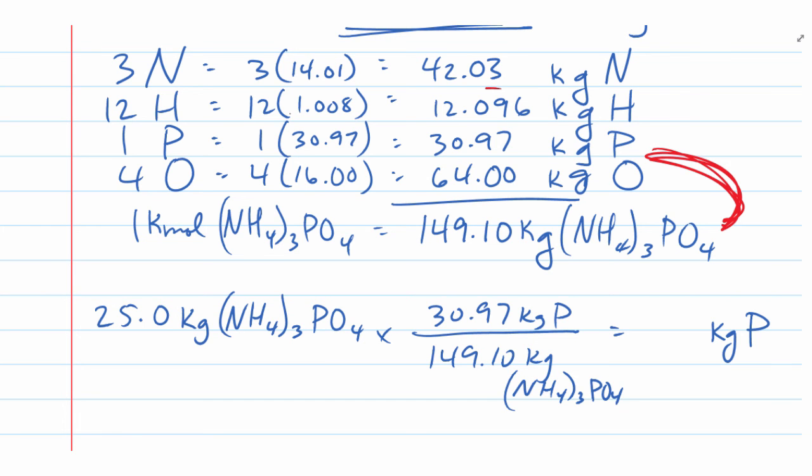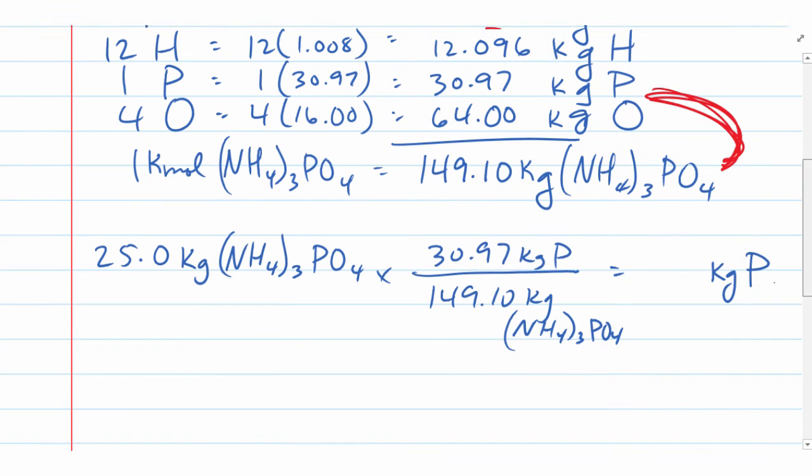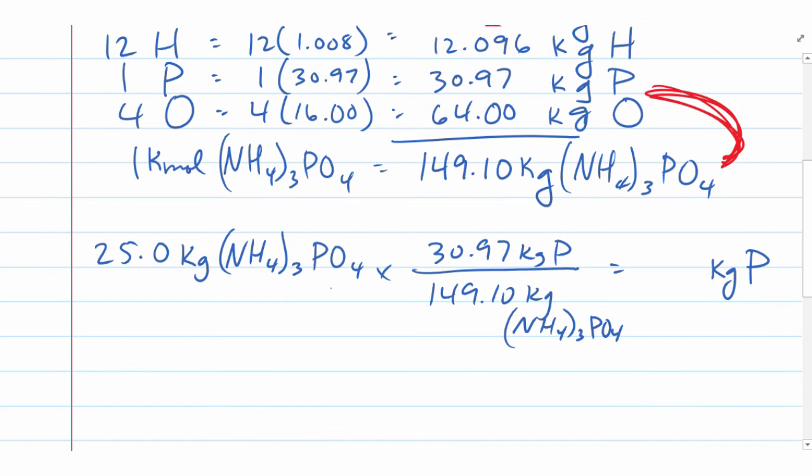And when we set it up like this, what happens to the units? And what cancels? Kilograms of the ammonium phosphate, and it gives us kilograms of phosphorus. So we then run this through our calculators. We take 25, we multiply it by 30.97, we divide it by 149.1.